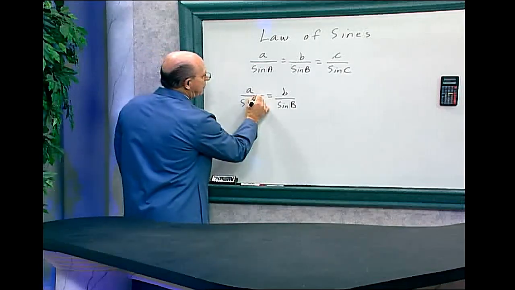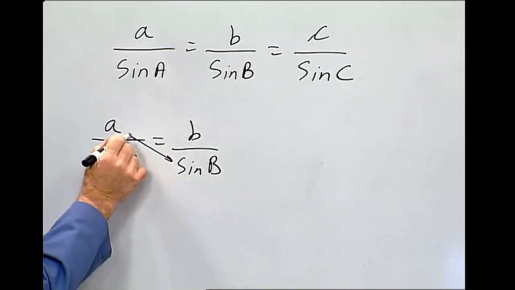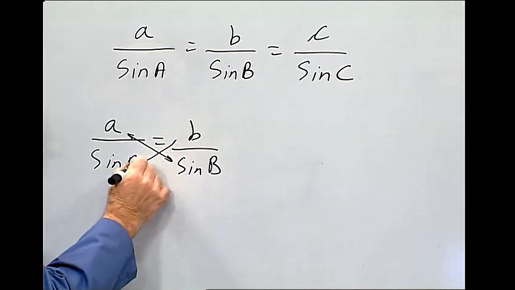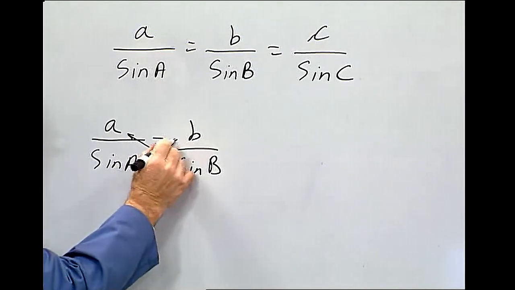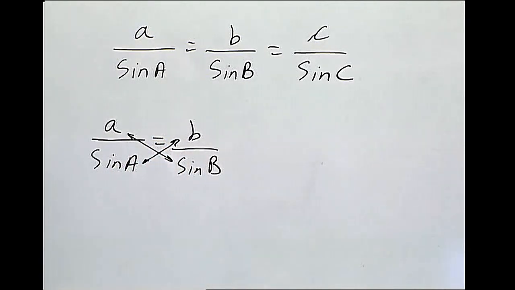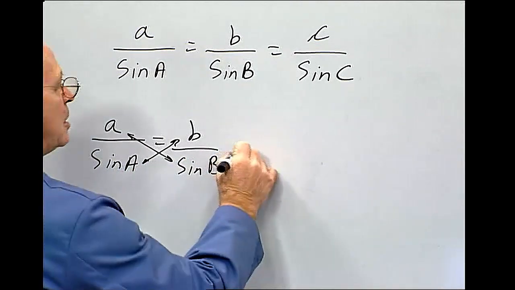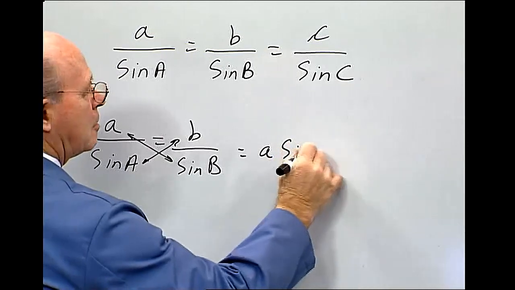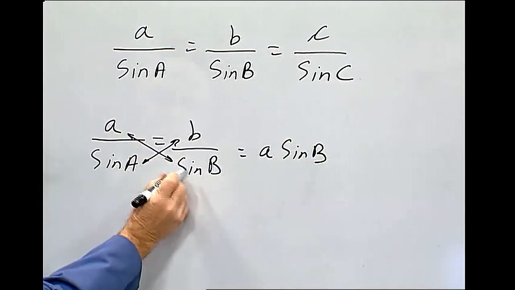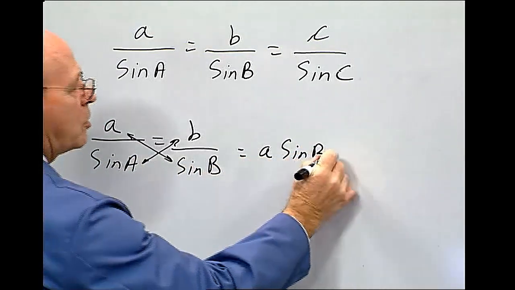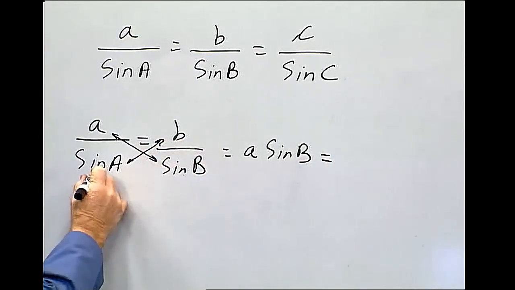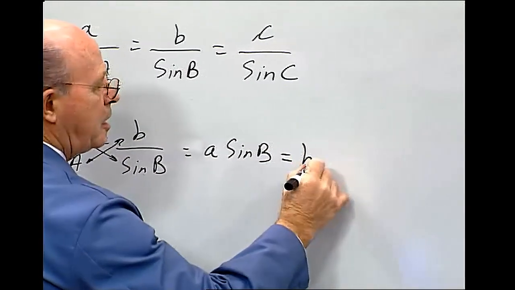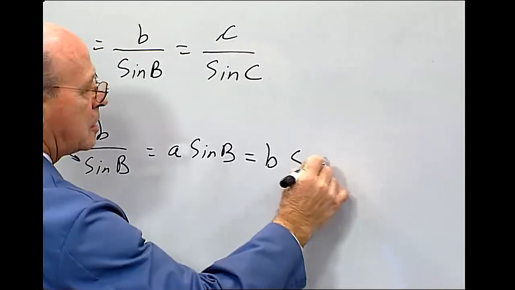Now, by means of cross multiplication and our algebra skills that we've learned by now, we can cross multiply. So this equals a times sine B equals b times sine A.